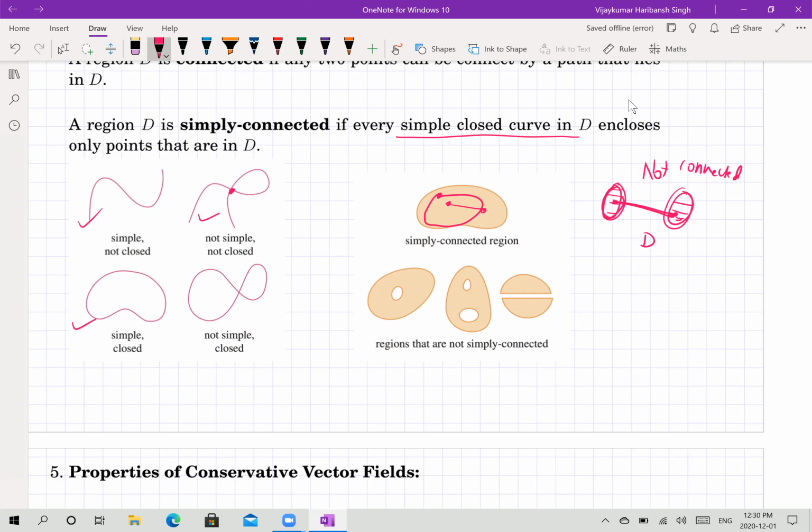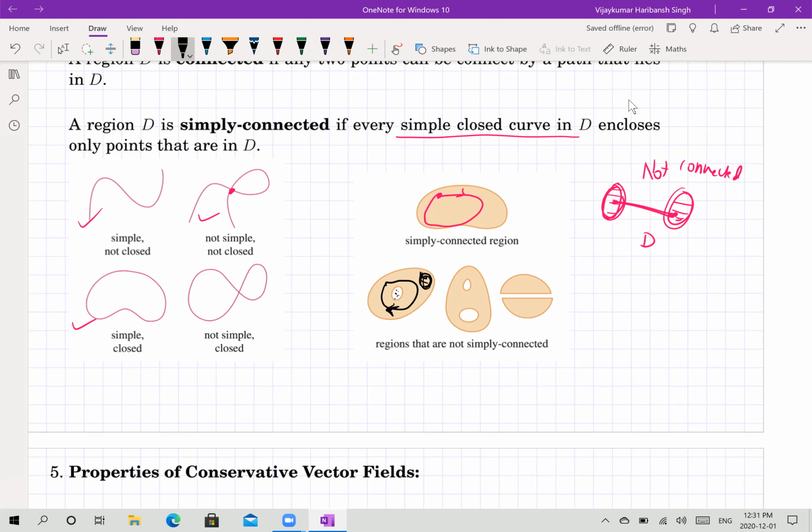If you take any simple closed curve in the region and join it, it will consist of only points which lie inside D. Say for example here, if you take any closed curve here, particularly this closed curve, then you can see it's not simple because there are points inside which do not lie in D. Of course, if you chose one here, you could say that this is a closed curve which entirely lies inside D, but that doesn't prove that it's simple, right?